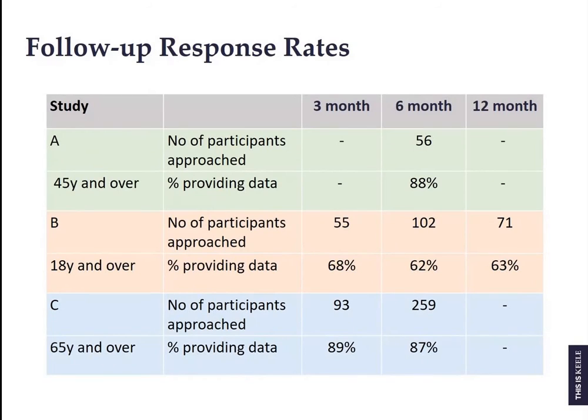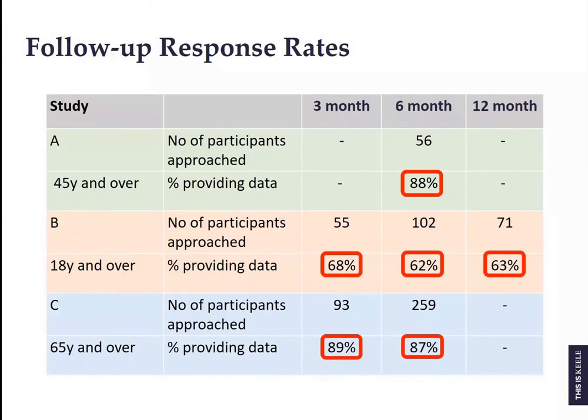And we need to appreciate that even though the participants are aware of the follow-up stages, it's not expected to get 100% response rate. So the points to highlight, looking at the follow-up response rates for all of these studies, they are really good. And especially noting study C, the 65 and overs, this has a very encouraging response rates of 89 and 87%.